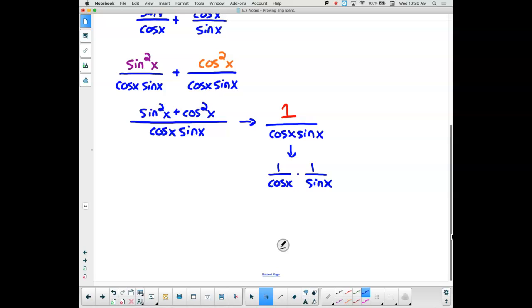That 1 over cosine sine is 1 over cosine times 1 over sine. 1 over cosine is secant. 1 over sine is cosecant.